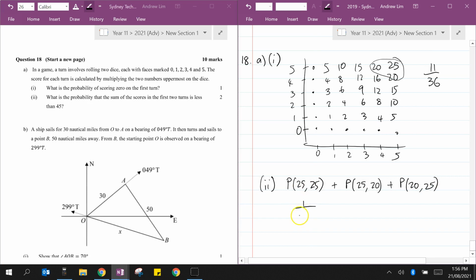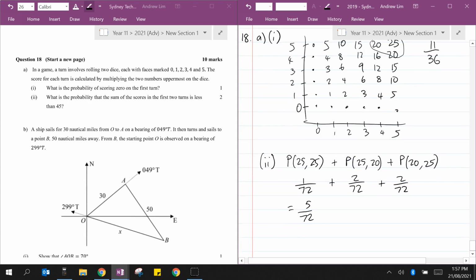that's 1 out of 72. Okay, because there's 36 outcomes in the first, 36 in the second. 25 and 20, there's 2 outcomes out of the 72, and then 20 and then 25, that's also 2 out of 72. So altogether that's 5 out of 72. That's the probability that the scores will be at least 45.